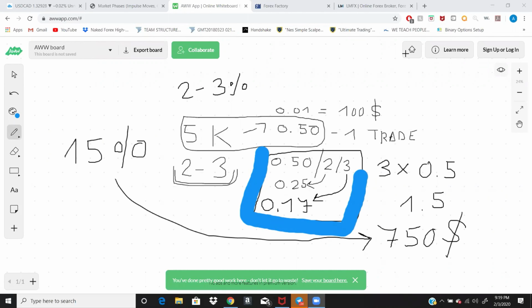So how does 1 to 1000 versus 1 to 50 work?